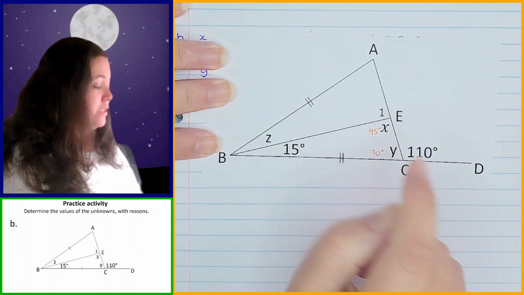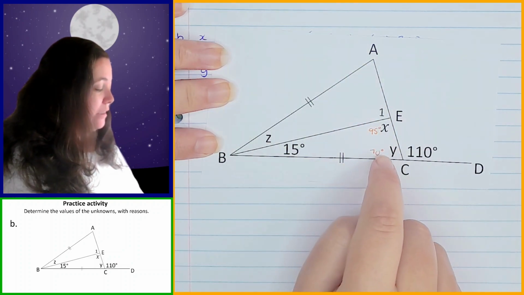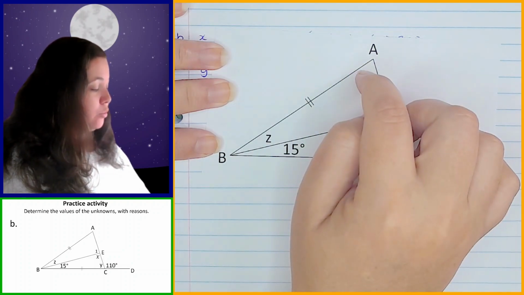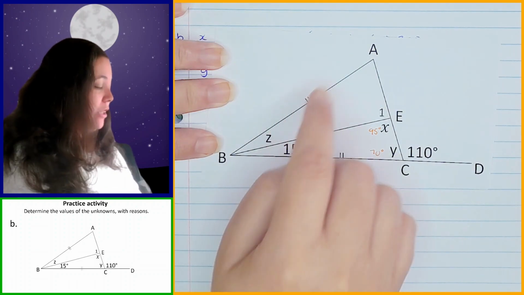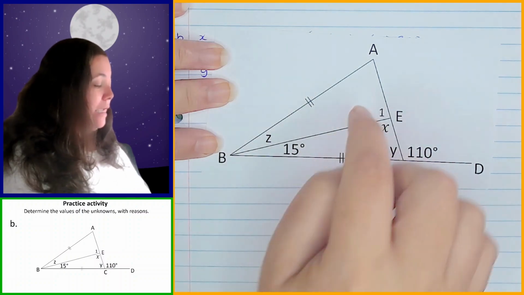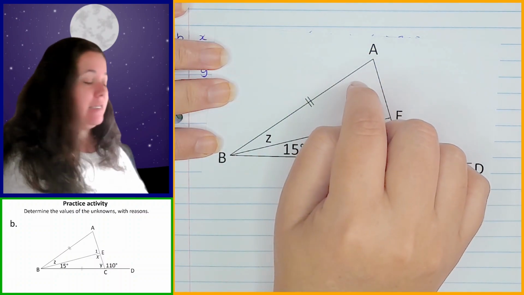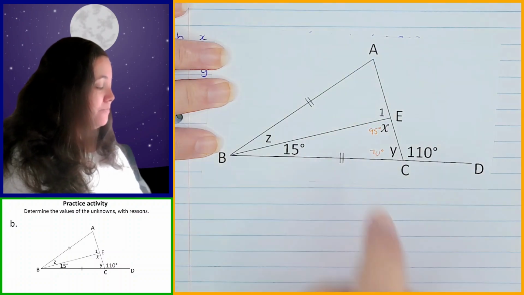Or I could use the angles inside triangle ABC. I've got this angle, I can work out what that one is, and then I can use the z and the 15 together as my third angle over here to work out what z is. Either way, I have to work out what angle A is. I can't get away from that. So I'm going to go and work out what angle A is.